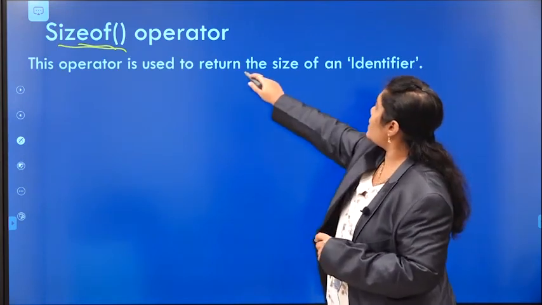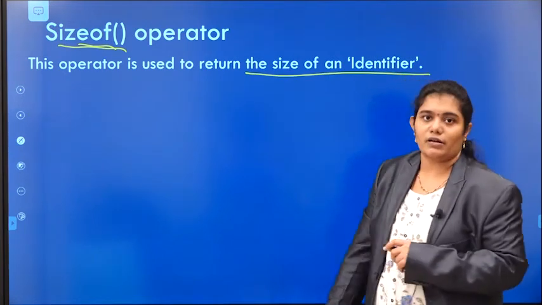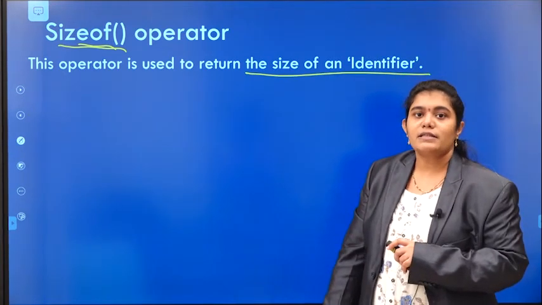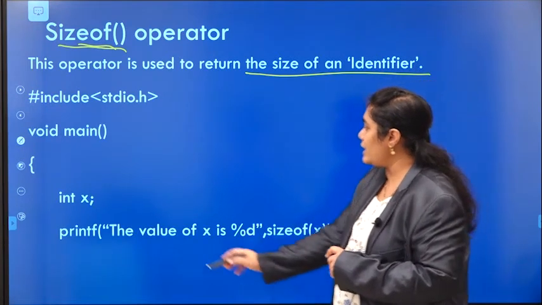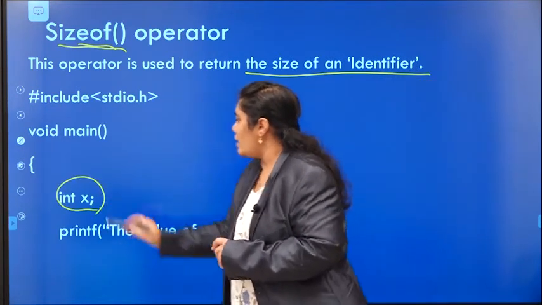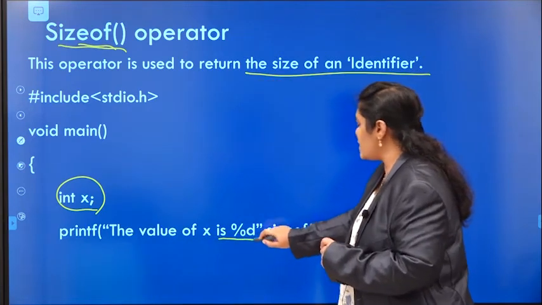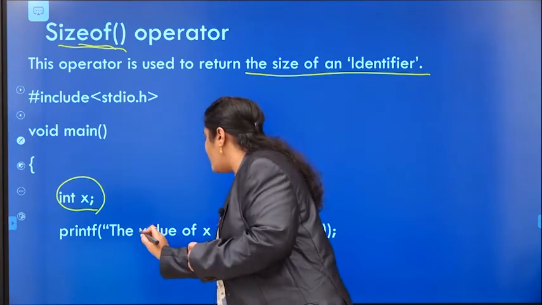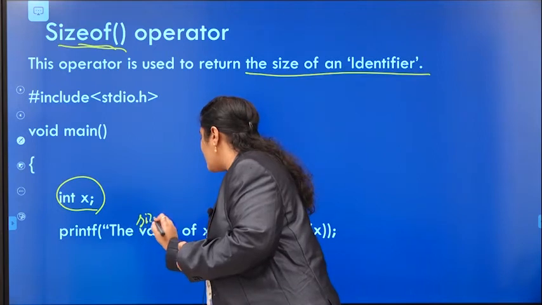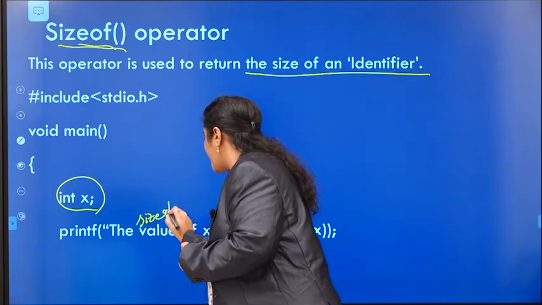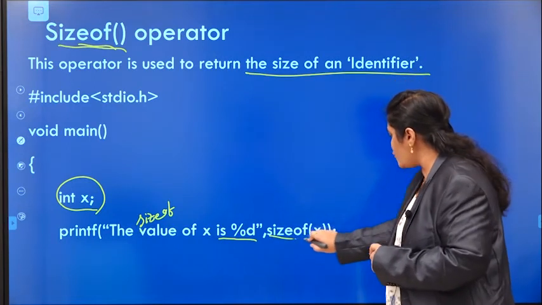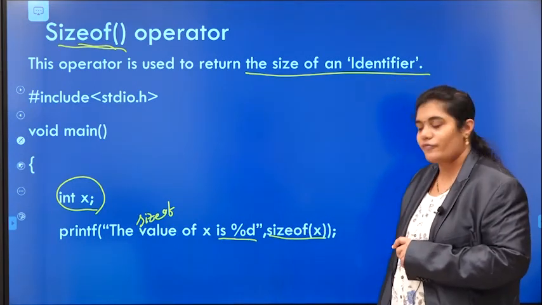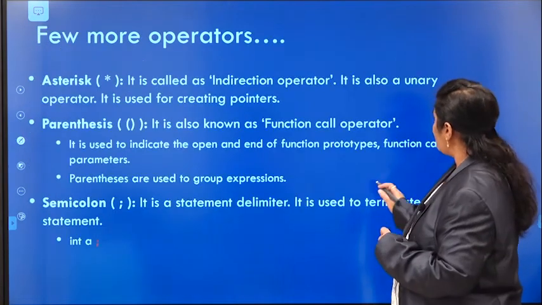This operator returns the size of an identifier. See a simple example. Int x. The size of x is %d, so sizeof x.